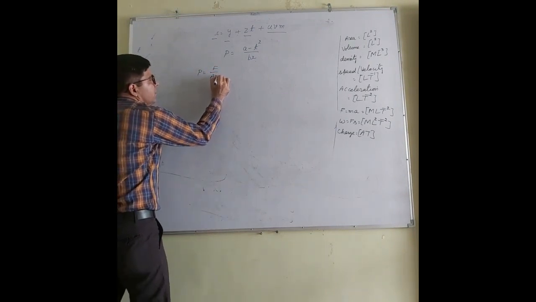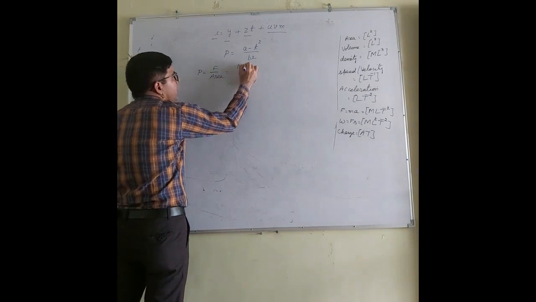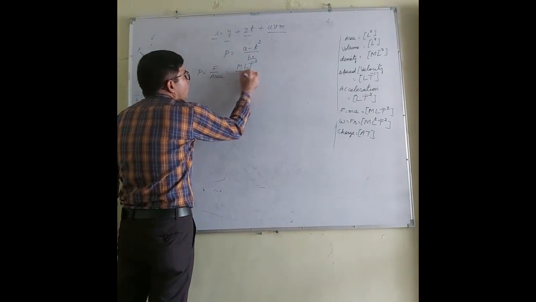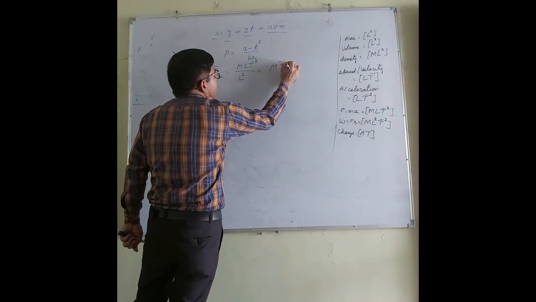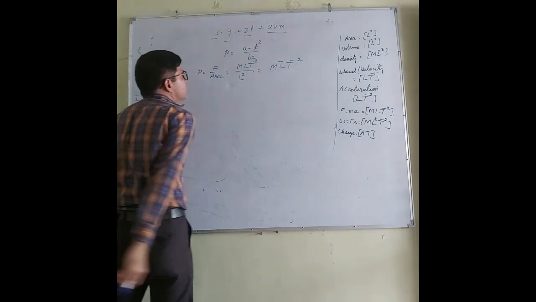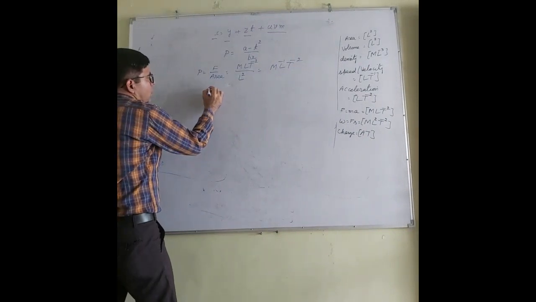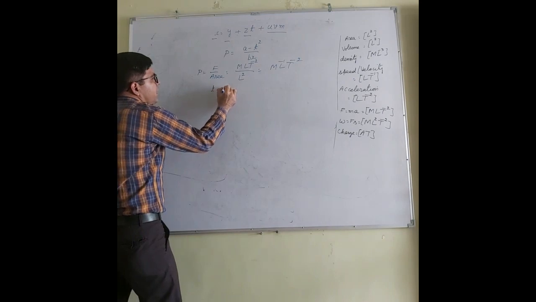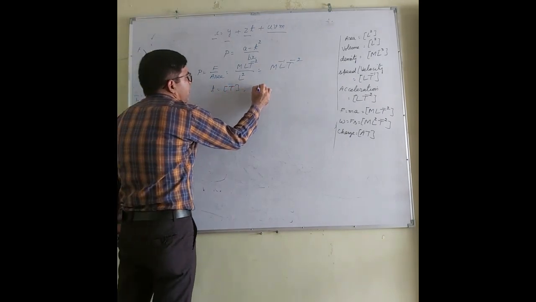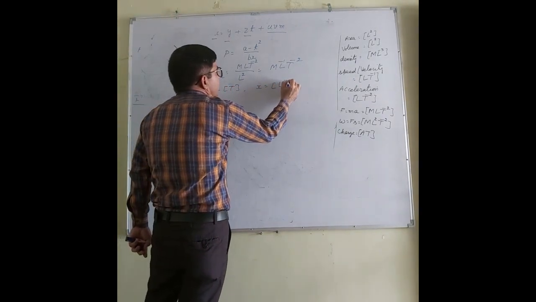All of us have done the force formula MLT minus 2. The formula of the area is L square. So it is M L minus 1 T minus 2. And the dimension formula of T is capital T, and X is the distance, so the dimension formula is L.